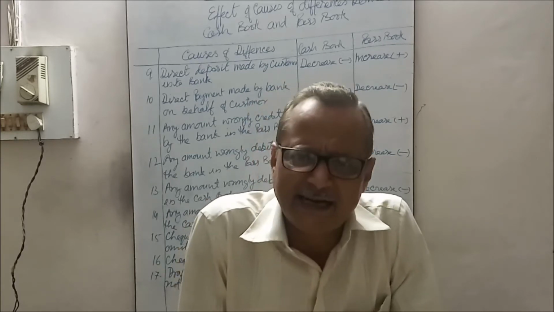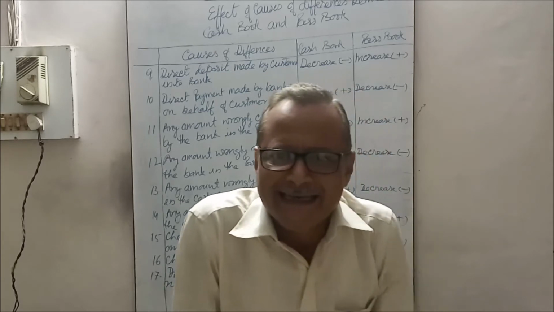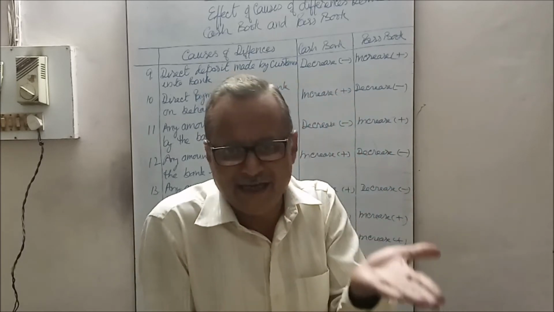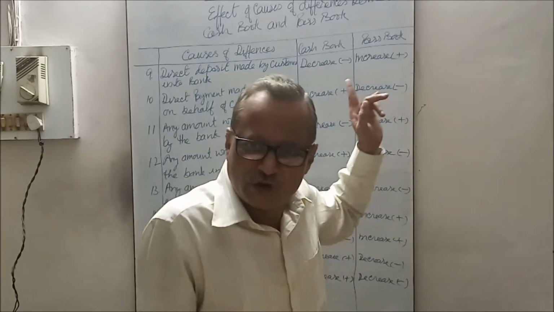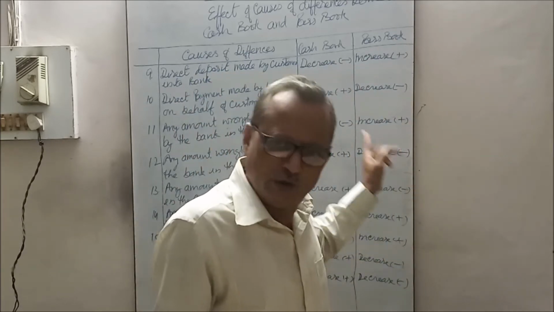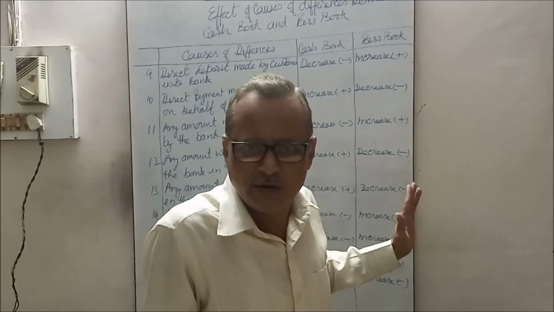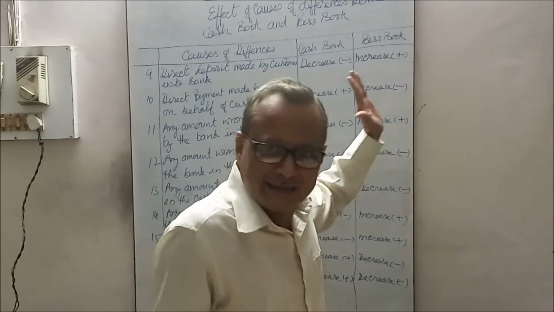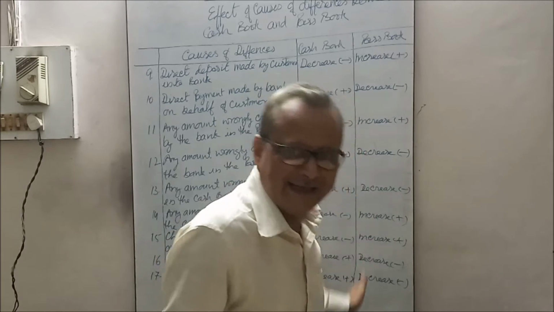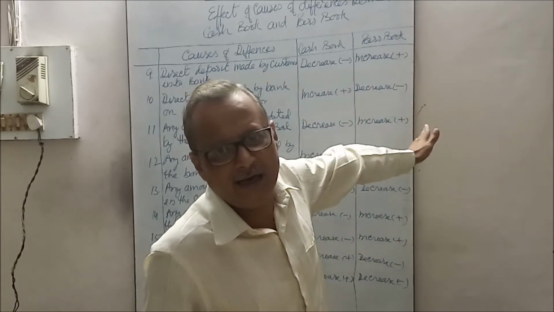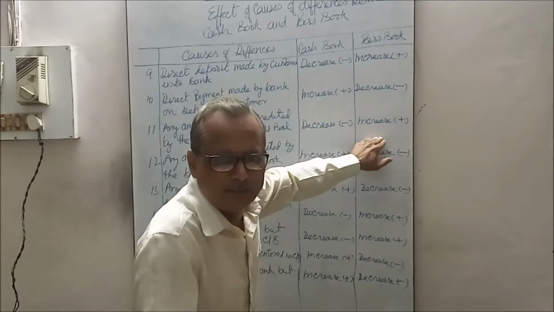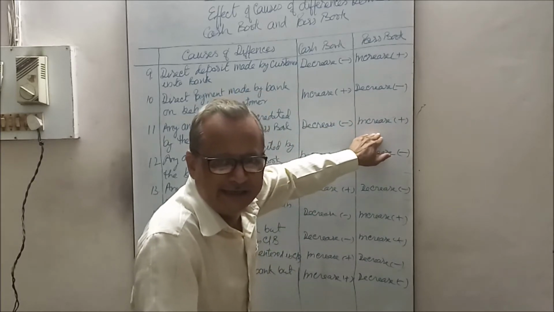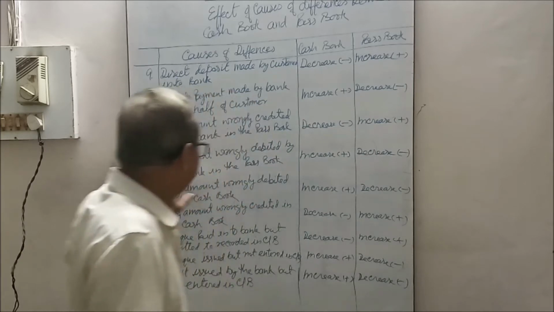Once it is credited, the passbook will show an increased balance by such amount, but that is not recorded in the cash book. It should not be recorded also, but the cash book will show a decrease in comparison to the passbook. The cash book is decreasing in comparison to the passbook, where the passbook is increasing in comparison to the cash book.